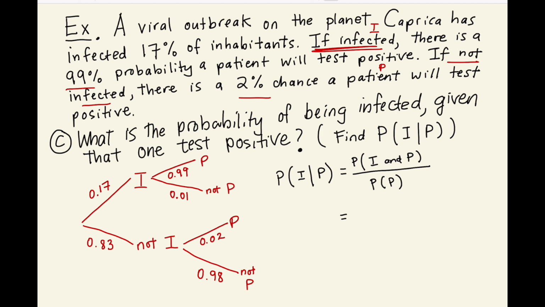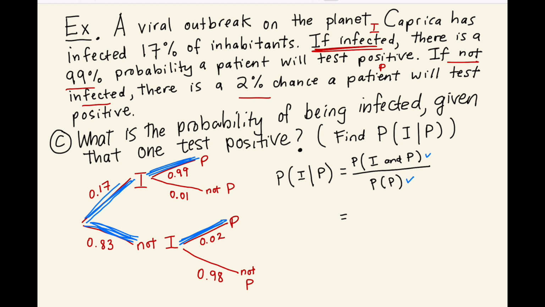For us, this really corresponds to, recall we already calculated this probability in part A. It was just the product of these two probabilities. And recall also we calculated this probability in part B. And that was the sum of this probability and this probability. So I'm just going to use those answers that we already calculated.